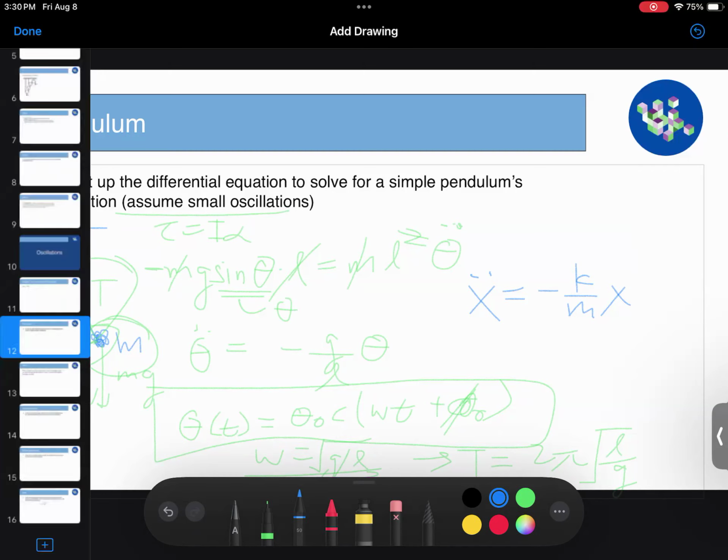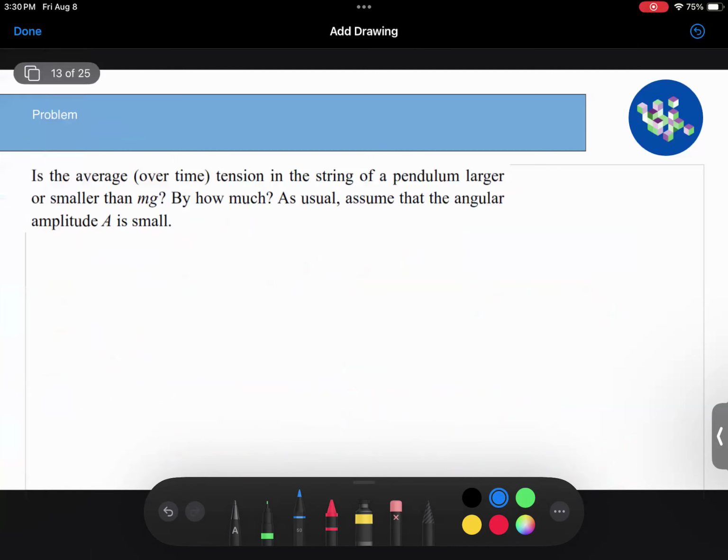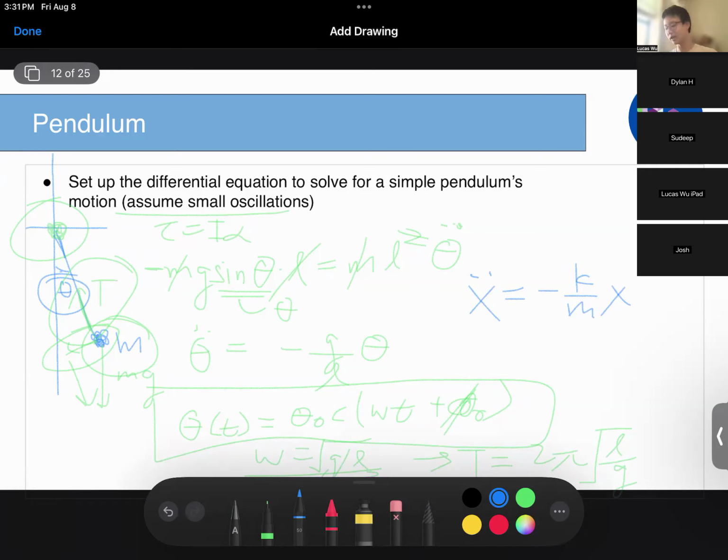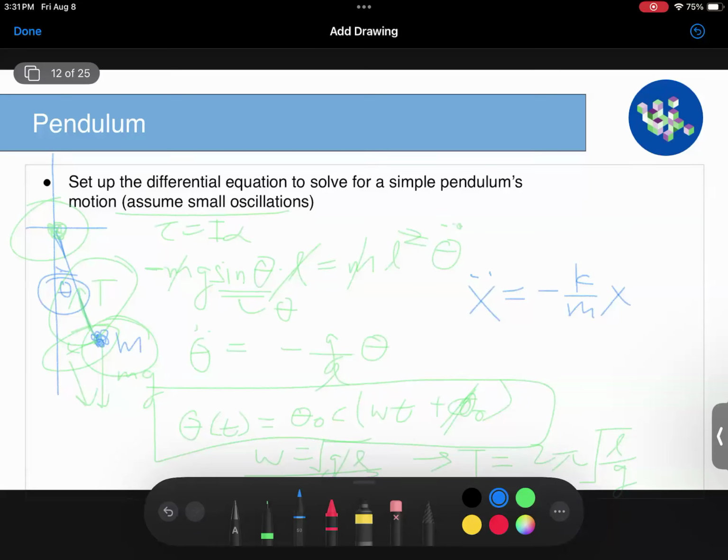Do oscillations generally take that form? Yes, for simple harmonic oscillations, the solution can be written as a cosine or a sine function. But not all oscillations can be written in that simple form.